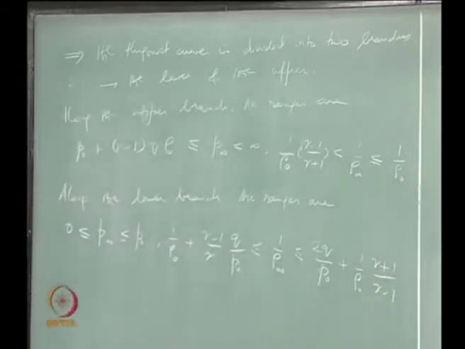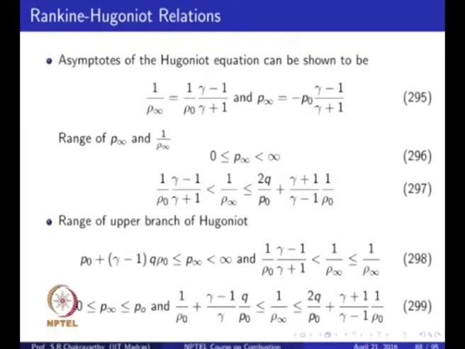Good. So these are just algebraic expressions that you can get for the different limits for the upper branch and the lower branch separately.